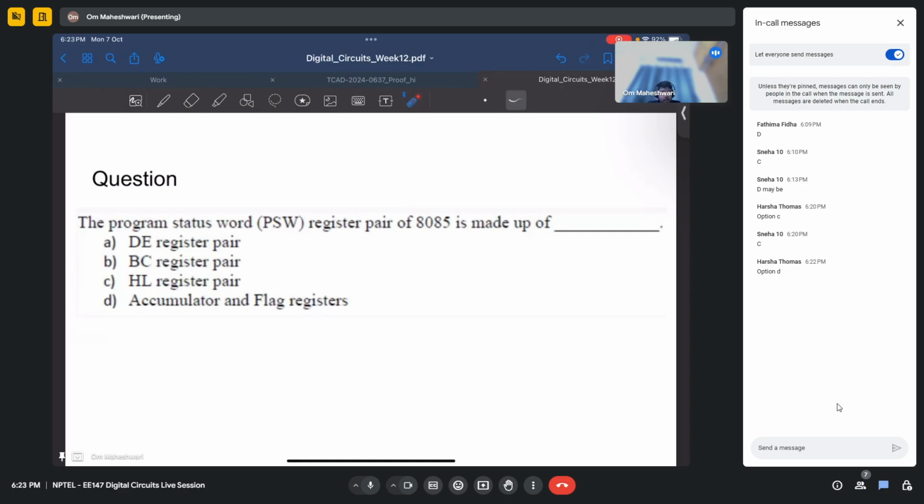It is accumulator and flag register. Program status word actually refers to accumulator plus flag, which are the registers that are used by your ALU, arithmetic logic unit.